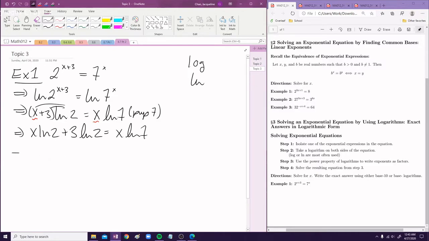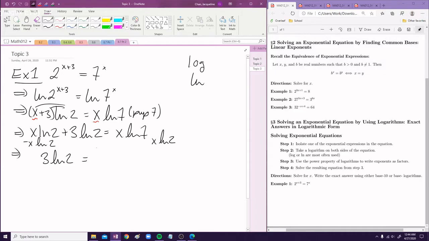So I have 2 terms here, 1 term here. I have x on both sides. So what I'm going to do is subtract this x natural log of 2 over. When I do that, I will get 3 natural log of 2. One thing here, I cannot subtract these.